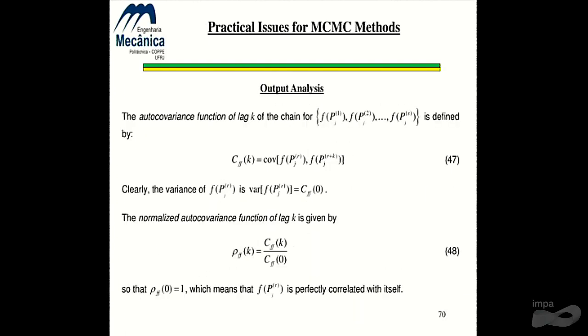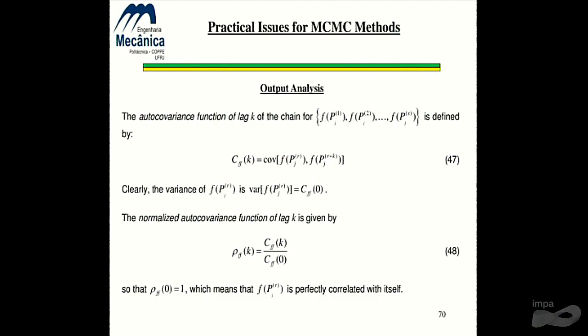But you can compute tau. This is like signal analysis. You can compute tau by using the autocovariance function of k, which is the covariance when you have the samples there. So C_ff of k is the covariance of the sample at r with the sample at r plus k, where k is this jump in the Markov chain, the number of states in the Markov chain.